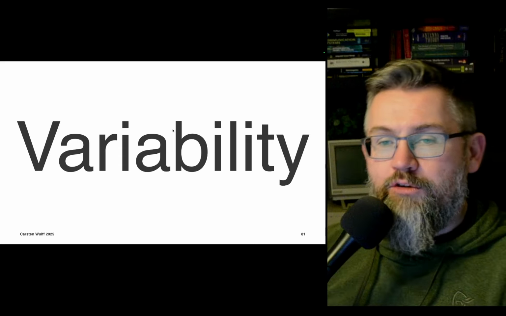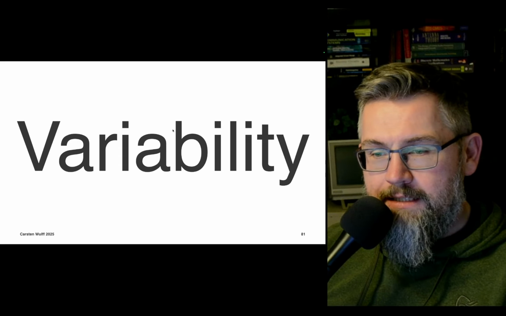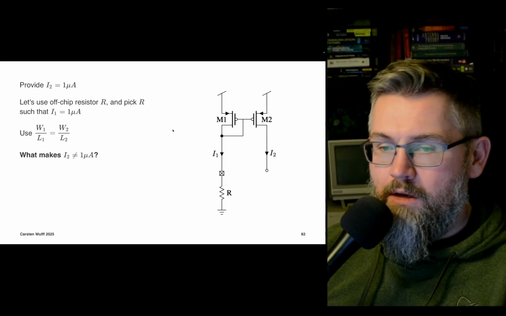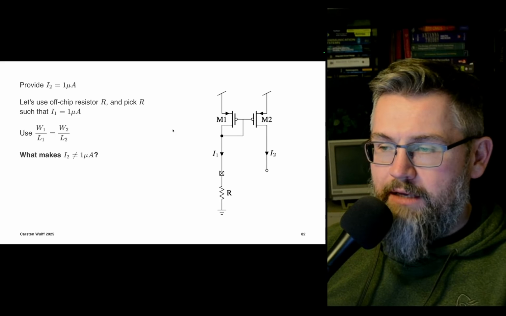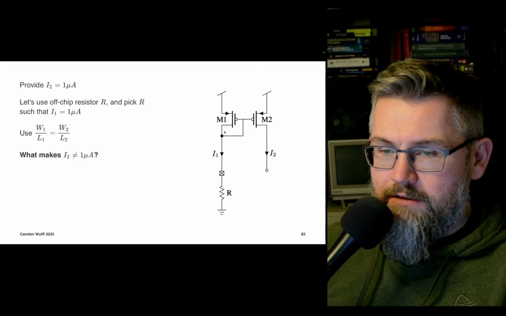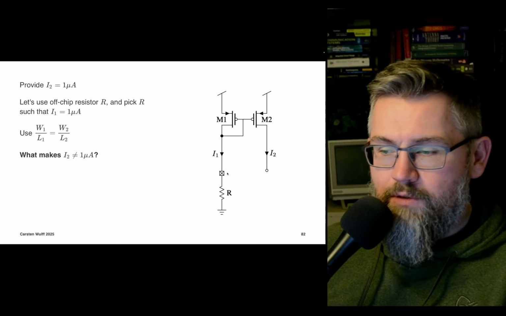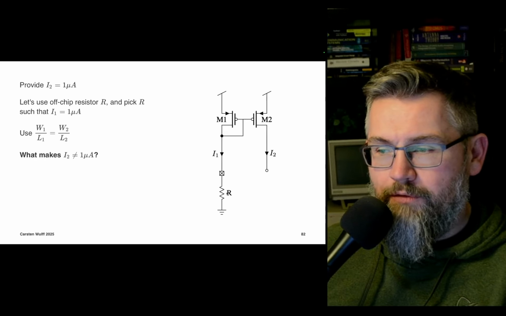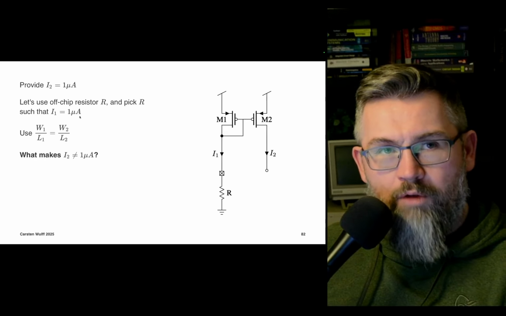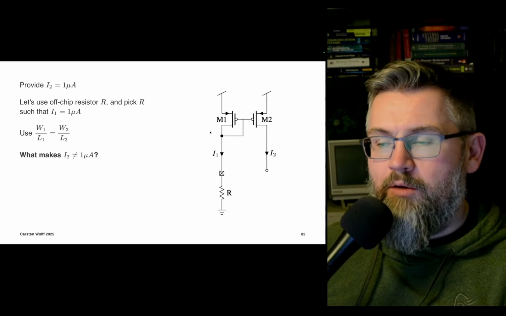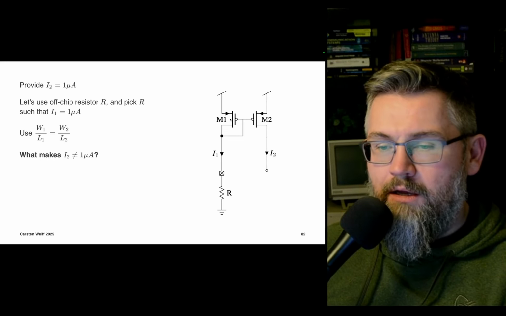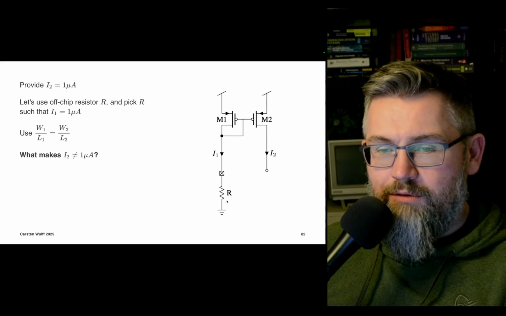All these things lead to a problem for analog designers: variability. Imagine we make a circuit that looks something like this. It's a current mirror. We have an off-chip resistor that we can make as precise as we want, and we want to provide 1 microamp. We take our transistor, measure the VGS, control the VDD maybe, and tune the resistance.